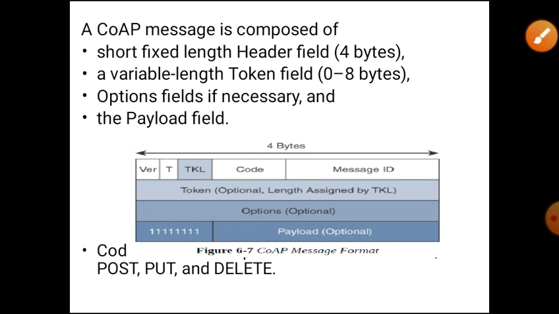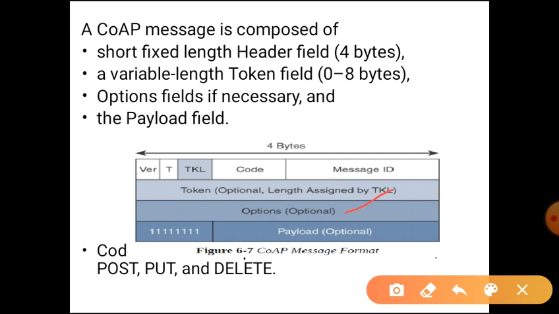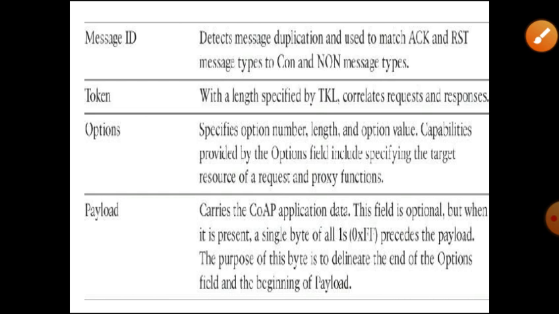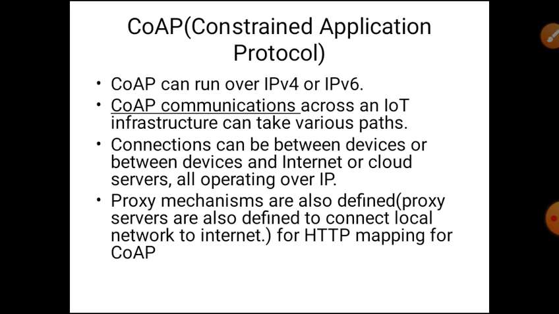Then the next field we have is options, that indicates information about the resource or destination address or proxy functions, if a proxy is involved in communication. And coming to the payload, it contains the application data to be transported. So these are the different fields. All this you can refer.